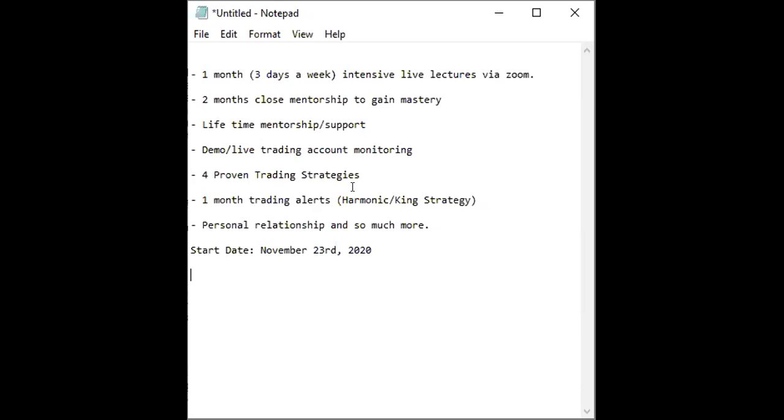During the course of this training, we will teach you 4 proven trading strategies. 2 will be for price action, and 2 will be for indicators and partially price action as well. So you will have options to choose from all these 4 strategies.